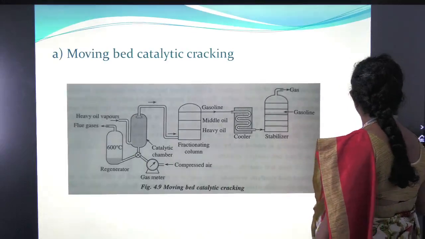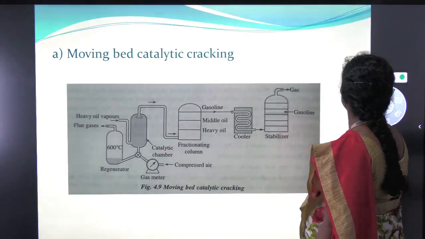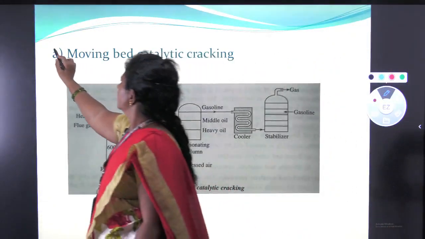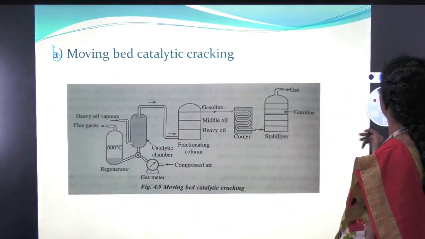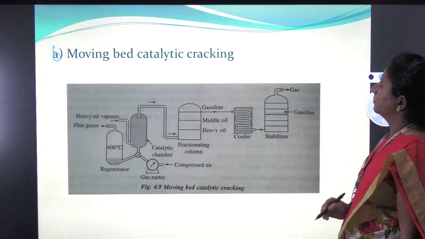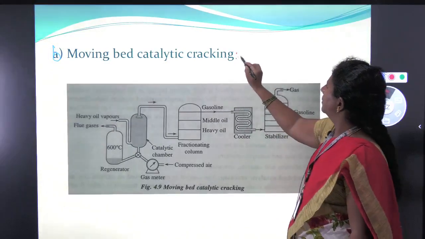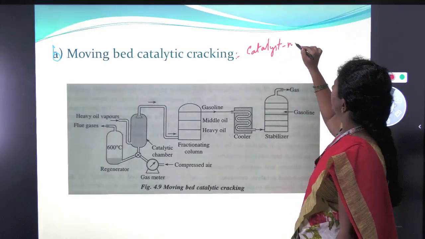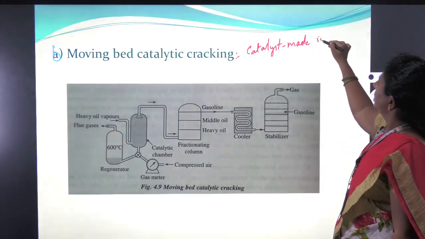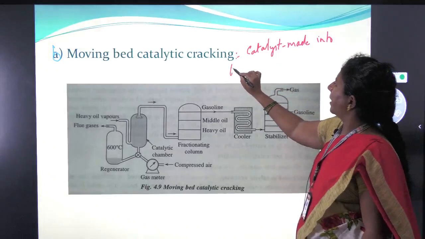Next one is moving bed catalytic cracking. Here, the catalyst will be made into fine powder.